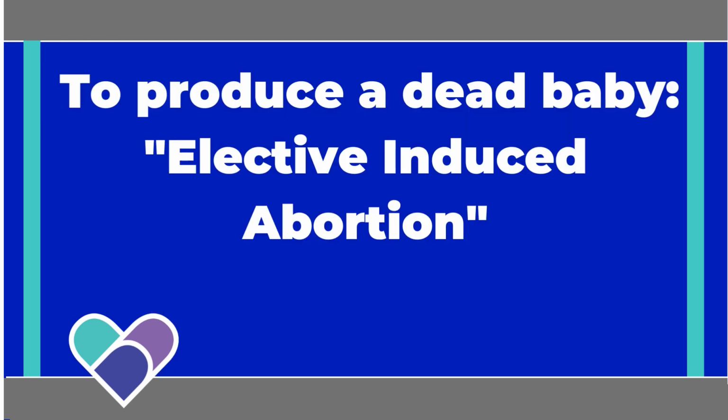But we want to contrast this with an elective induced abortion. The purpose of an elective induced abortion is to produce a dead baby. That is, the mom and the baby are separated for the specific purpose of making sure this baby dies. Why can I say that?